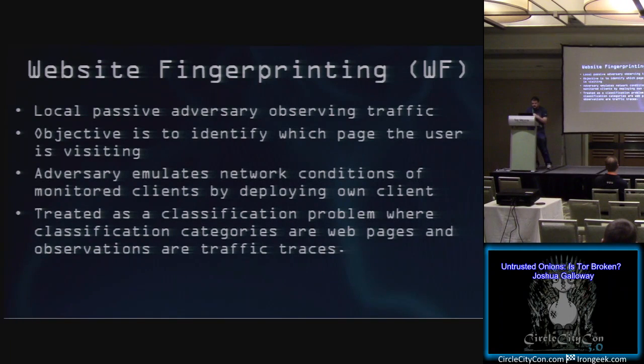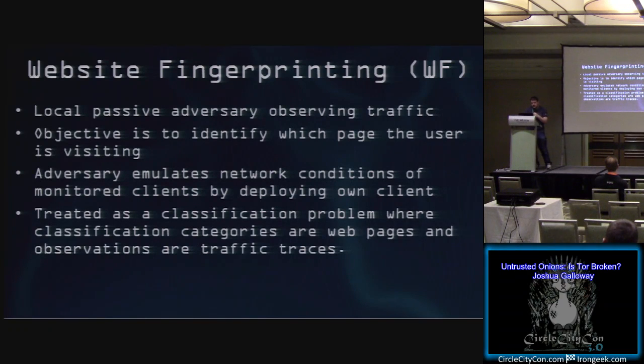So if you're intercepting Tor traffic, even without knowing the contents, the pattern is unique. So let's say you want to monitor 500 different hidden service pages.